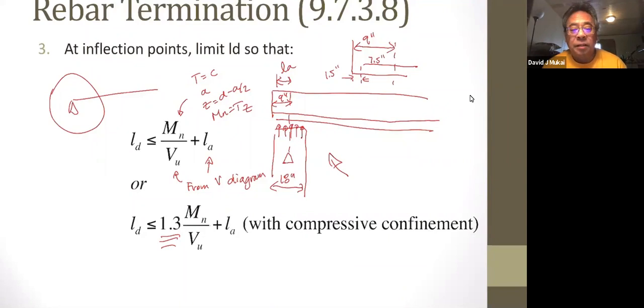So you always have that 1.3. I can't think of an instance where the support is not pushing up on the bottom of the beam. It's a simple support, so it's sitting on something. I have yet to think of a case where you would not have the beam sitting on something as a support.